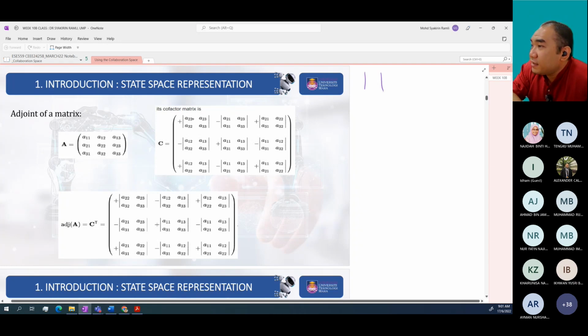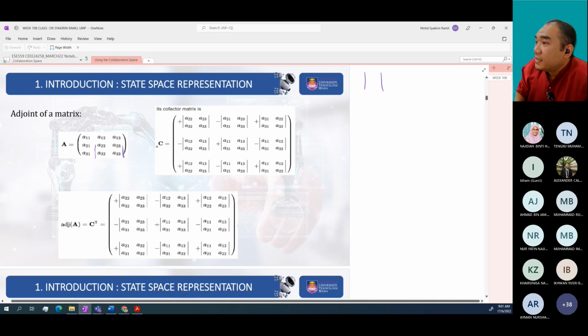The determinant of the component of A22 times A33, basically we take this as the first element for the cofactor matrix C. The first component, ataupun ini adalah 3 kali 3, the first row, the first element in this cofactor matrix C is taken from this part.